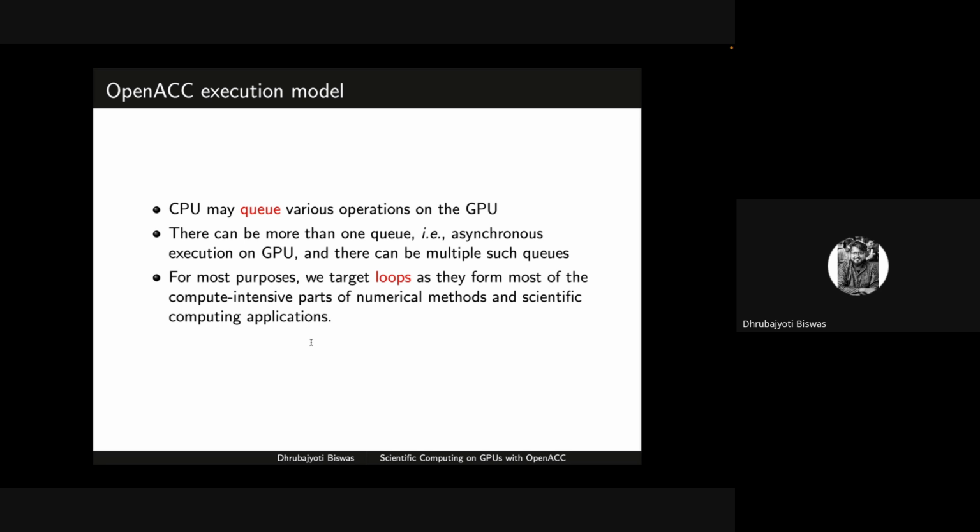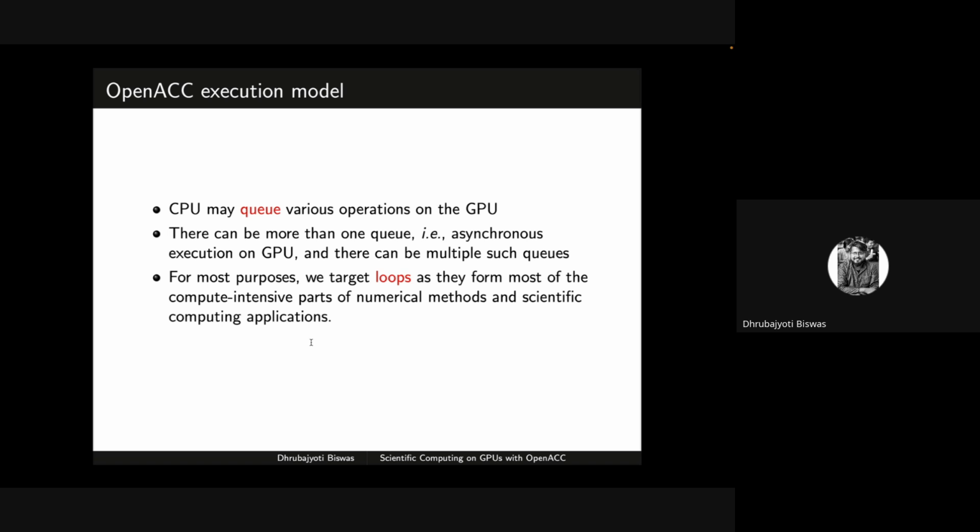And for most purposes, the whole premise of this course is mostly scientific computing and numerical methods. Most of the things we do involve loops, as they form most of the compute-intensive parts of numerical methods and scientific computing applications. Loops are the most important. You need loops for searching, sorting, things like that.